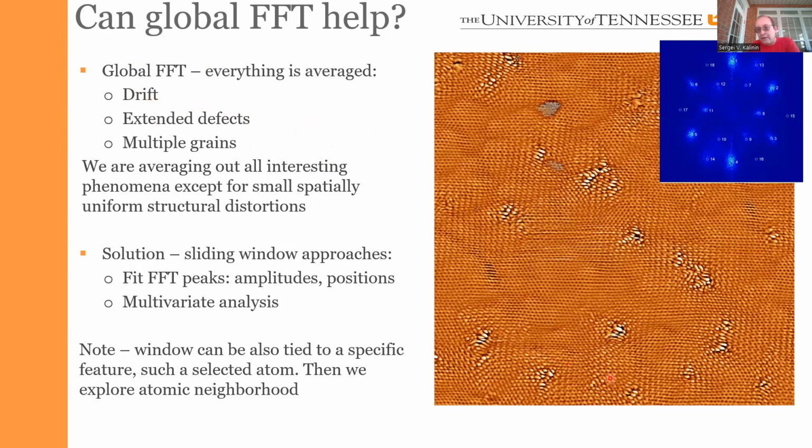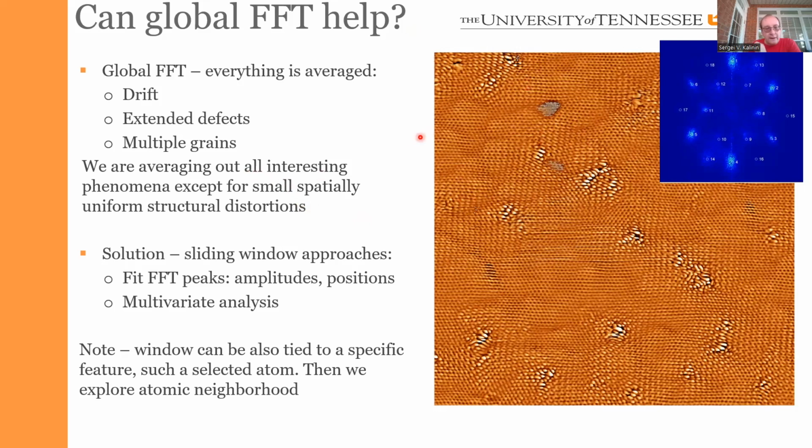Essentially, if you have an image with a large number of constituent elements, the Fourier transform of the whole would be essentially a linear superposition of the Fourier transforms of the parts. So essentially, we average out all interesting phenomena, except for the small, spatially uniform structural distortions.